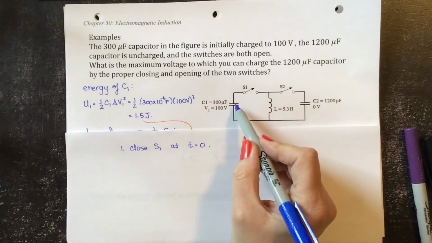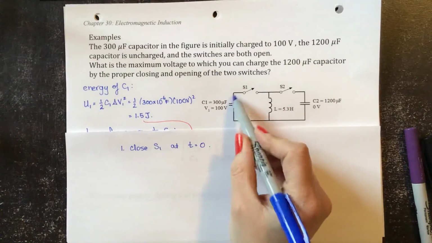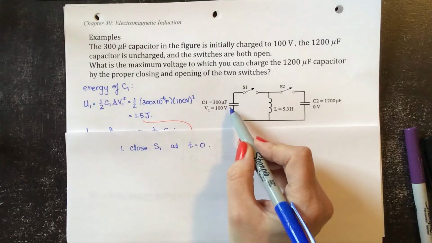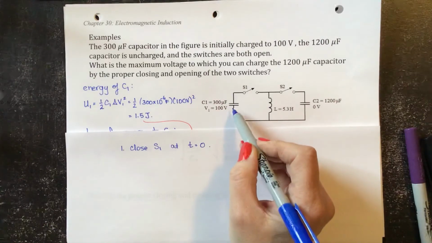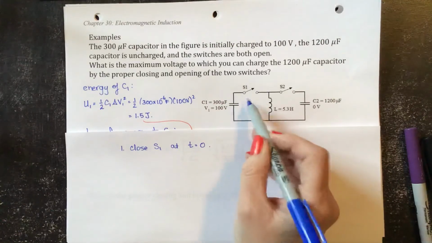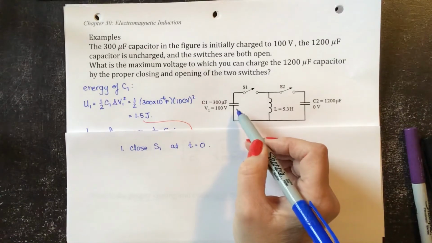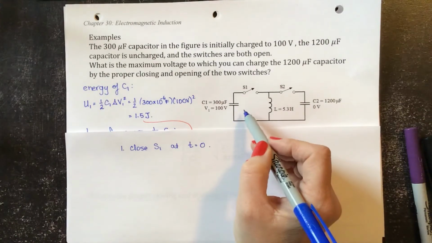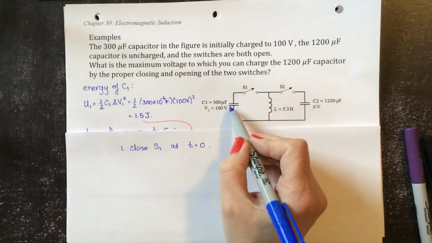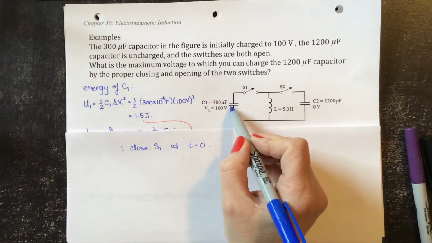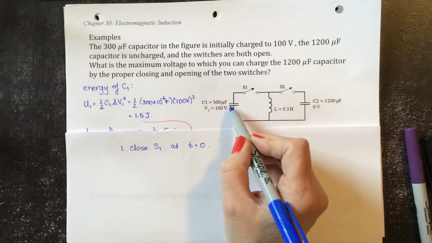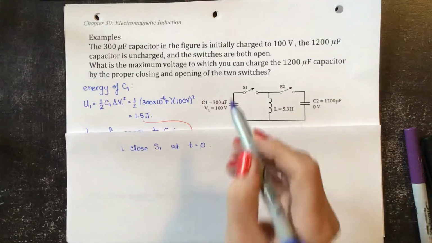Well, the current and the charge on the capacitor plate of C1 are going to oscillate with period T1. Okay, and T1 is a number we can figure out. At a quarter T1, the charge on the capacitor plate C1 is going to be 0, and the current is going to be a maximum.